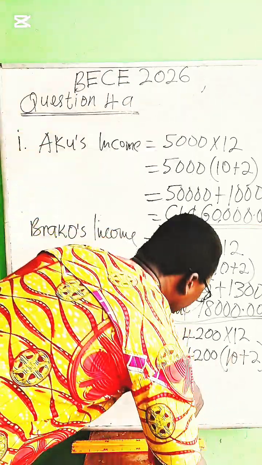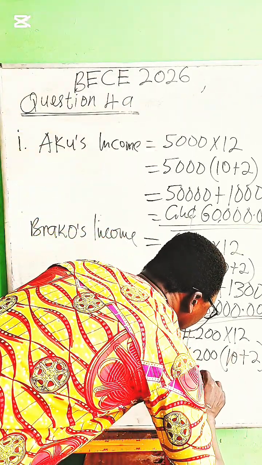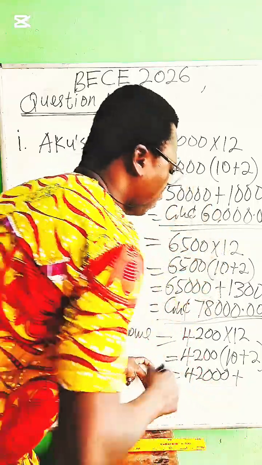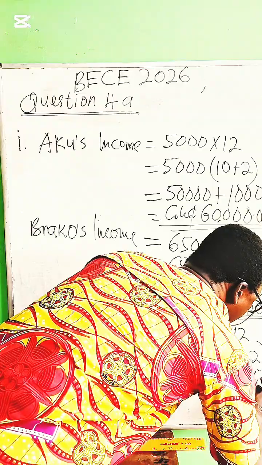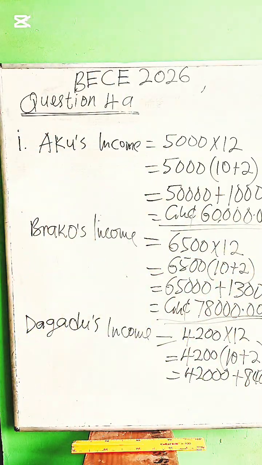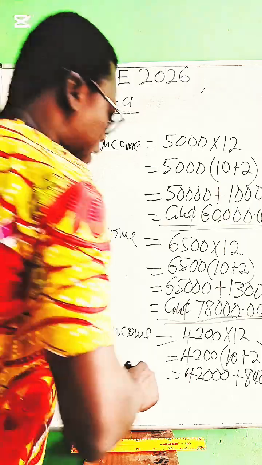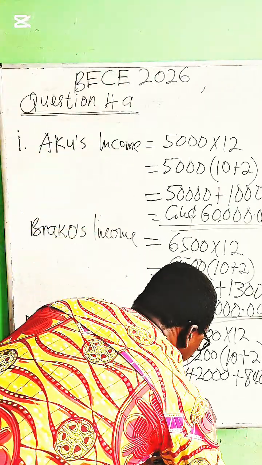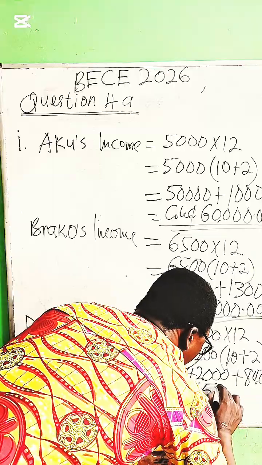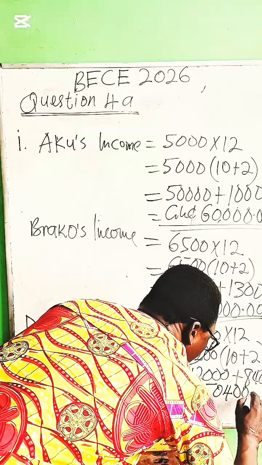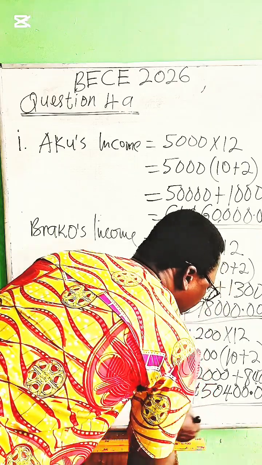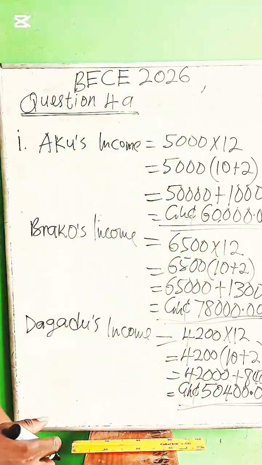So when I multiply through, I get 42,000 plus 8,400. Final answer, I will get 50,400.